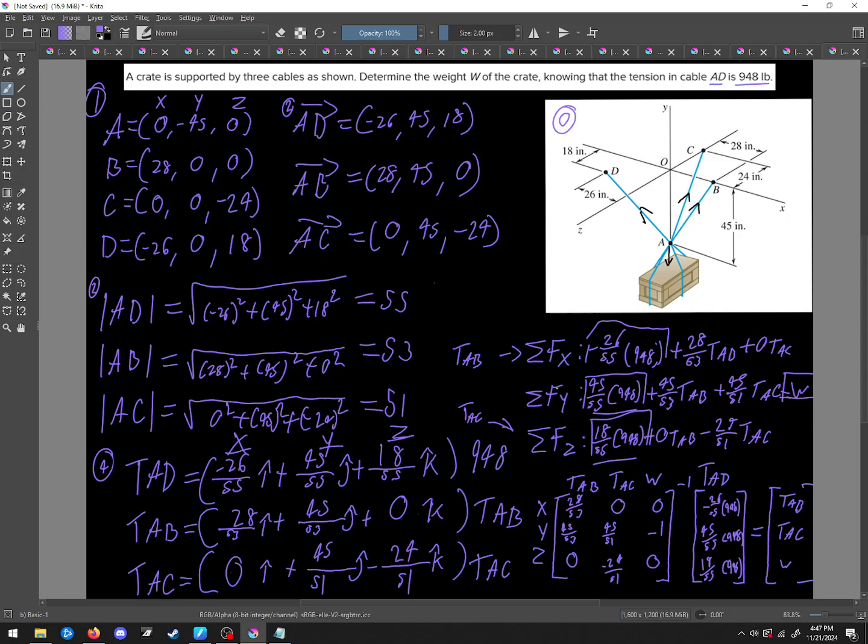So I think something in my matrix was a little bit wrong, but not wrong enough to give me wrong answers. It's a little bit odd, but let's just plug in 848.275 plus 45 over 51 TAC, which I'm getting is 659.29.